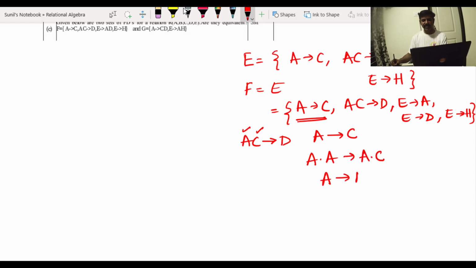Now this is a new functional dependency, but we already have AC arrow D. So you observe there's a transitivity here.